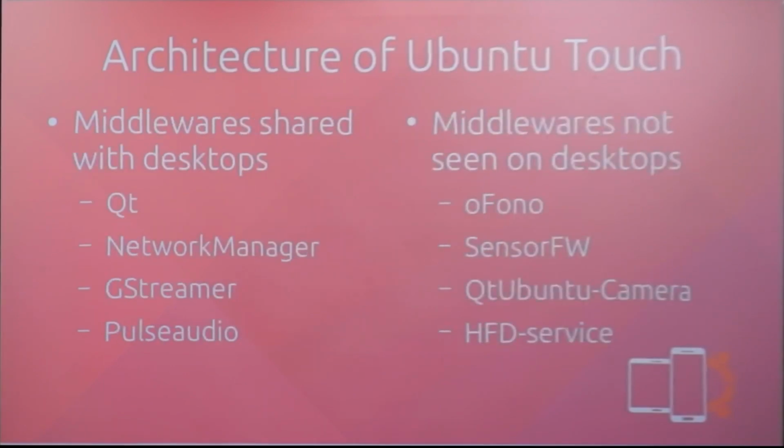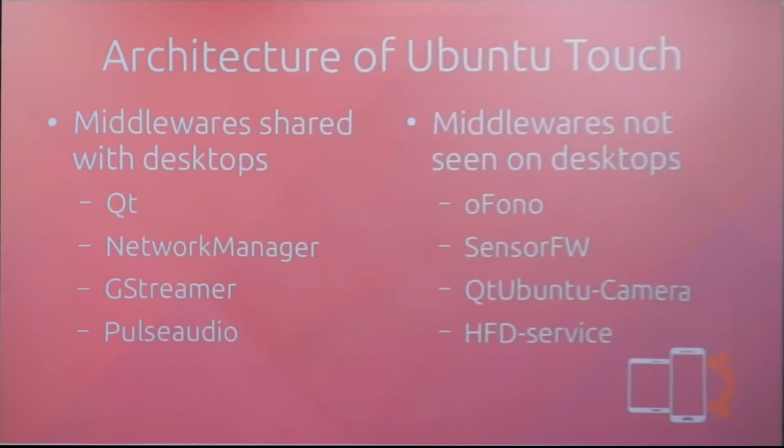Now we have a number of middleware supporting the applications and the shell itself. Some of you will have heard of Qt, Network Manager, GStreamer, and PulseAudio. But then we have some of our own middleware that you probably won't see much on desktop Linux, such as Ofono, which is the modem manager.